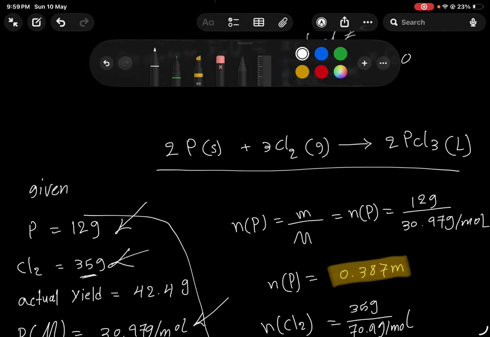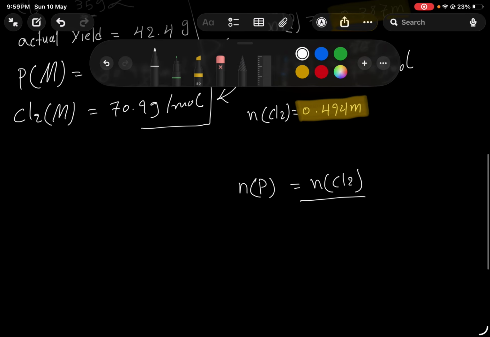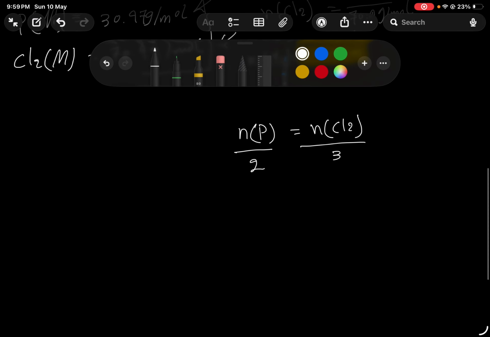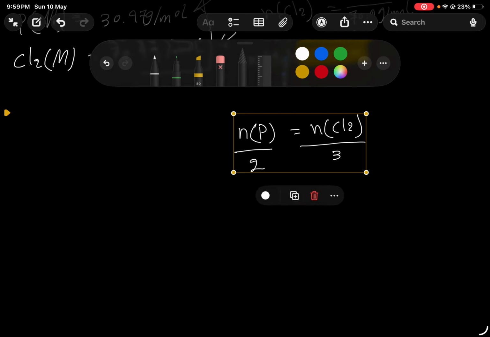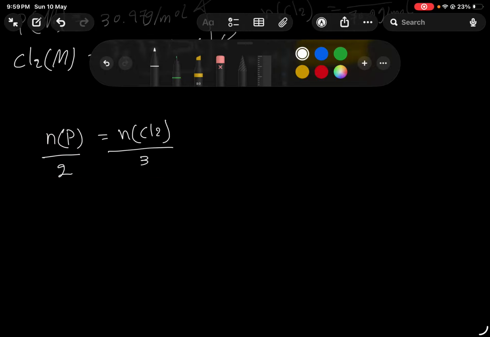The coefficient of P is 2, and the coefficient of Cl2 is 3. You can see it in here. Now we have reached this formula. We can use it to find the limiting reagent.